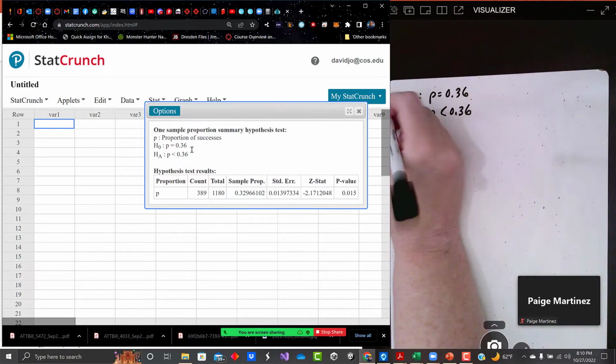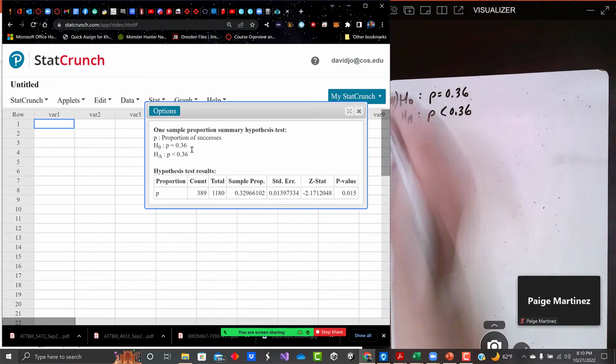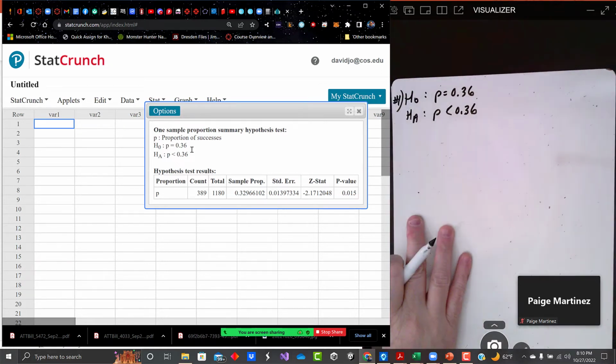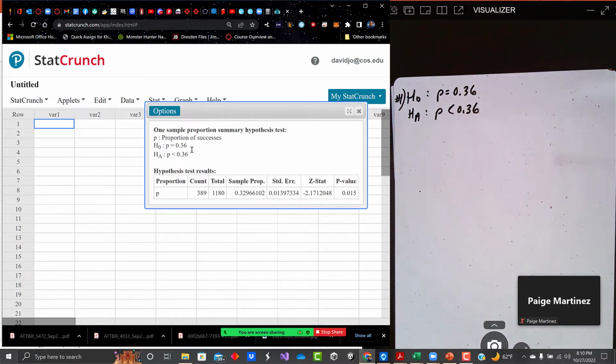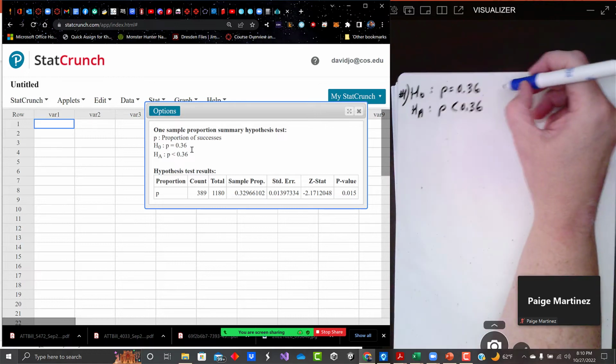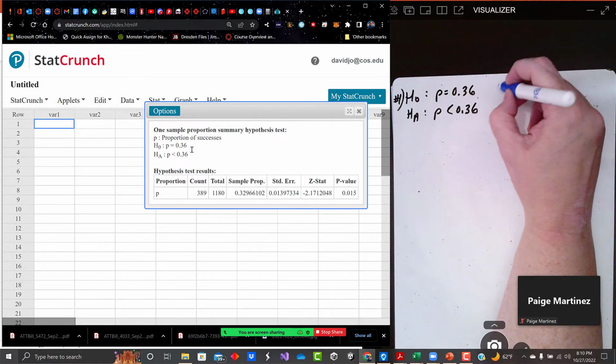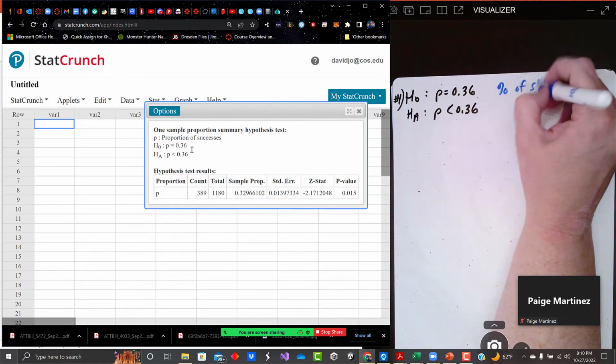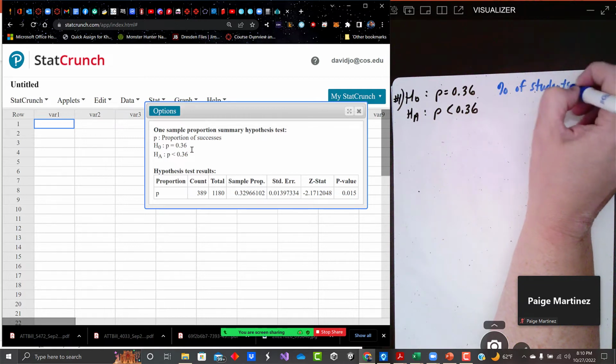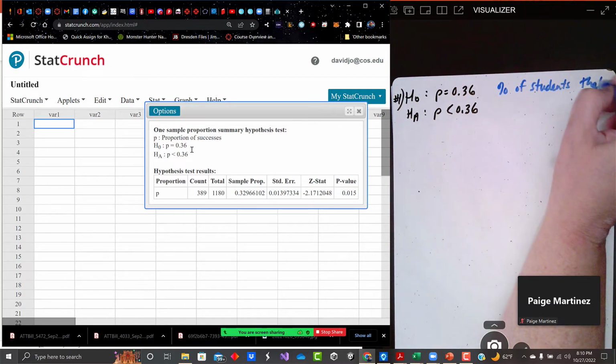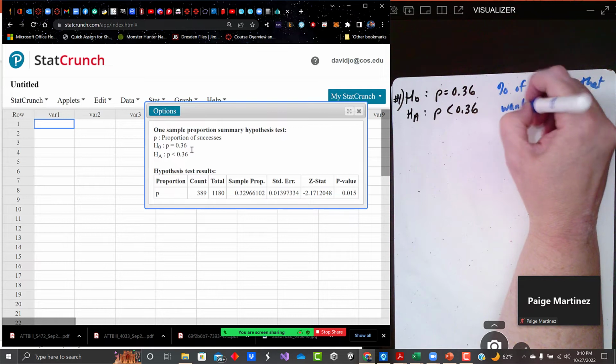That was actually step one for the hypothesis test. And a little note to myself about what this is about. Percentage of students that want stats face-to-face.